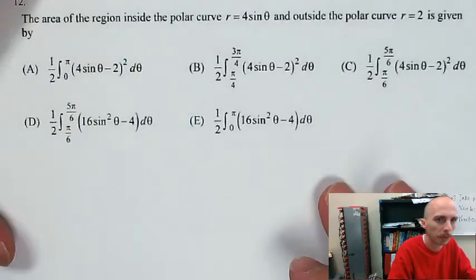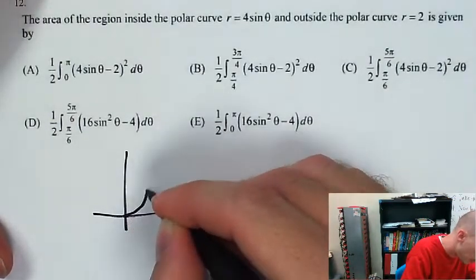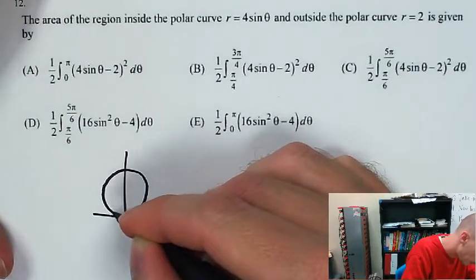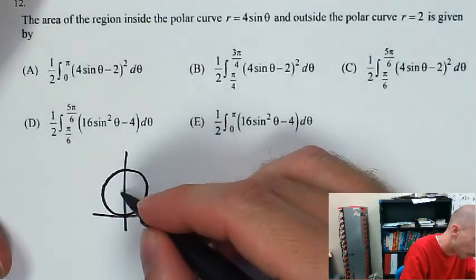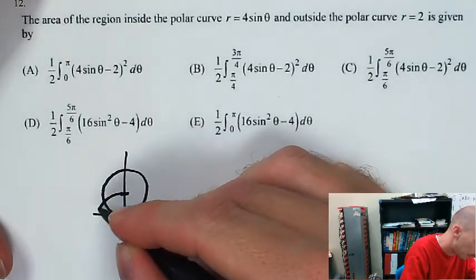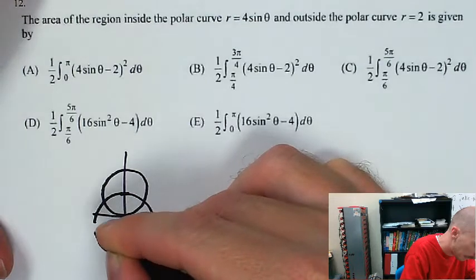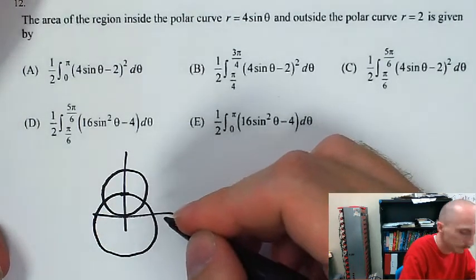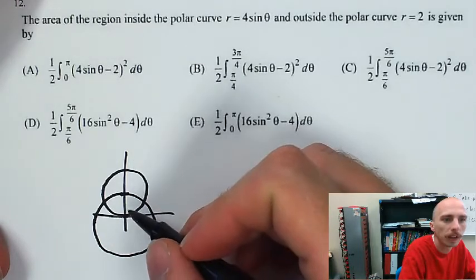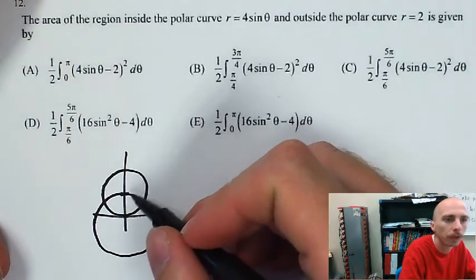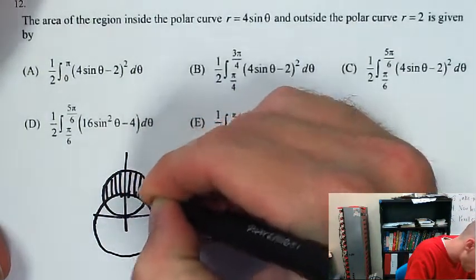I think this is an old problem, and I don't think they'd ask you this anymore, but all right. r equals 4 sine theta does look like that, and that goes up to 4. r equals 2 looks like that. We want inside 4 sine theta and outside r equals 2, so that would be this region here.